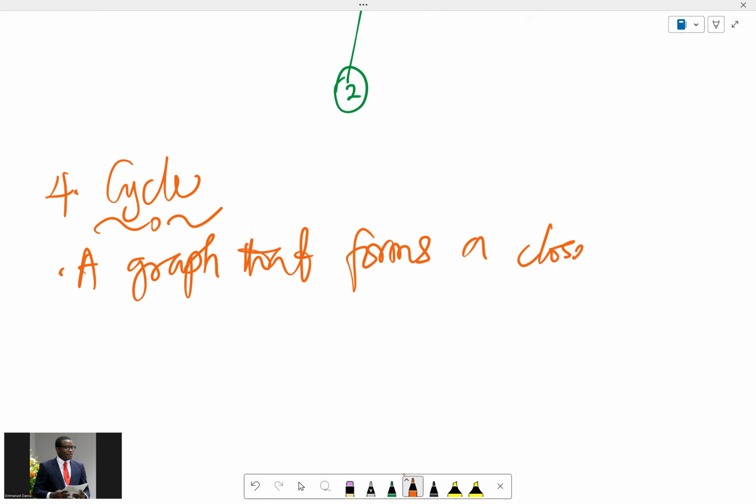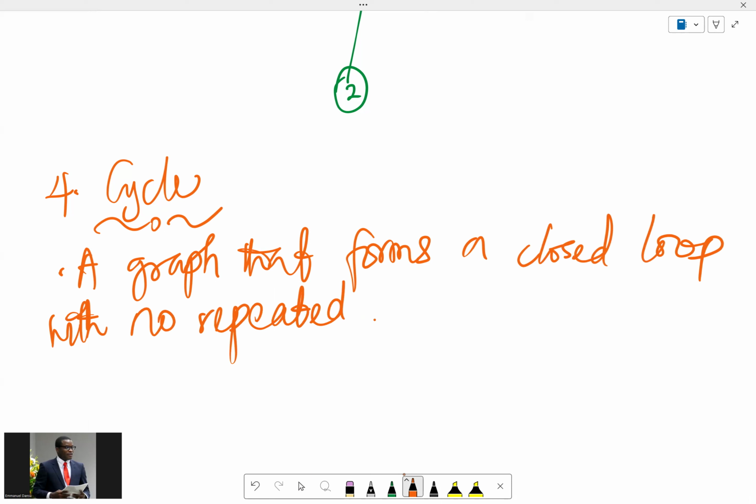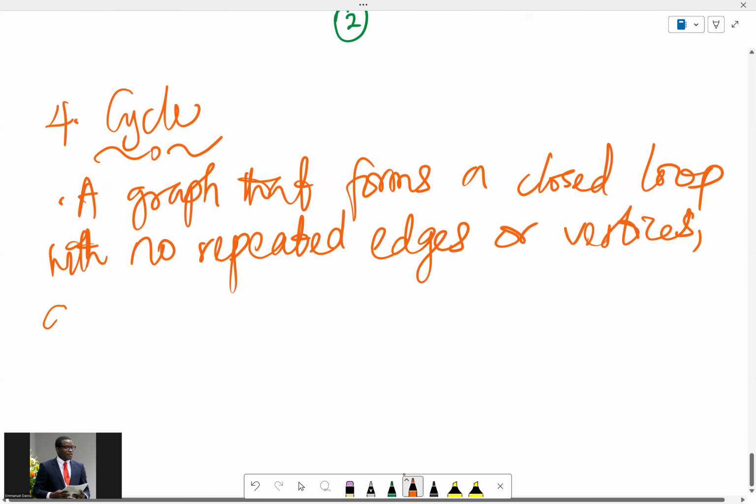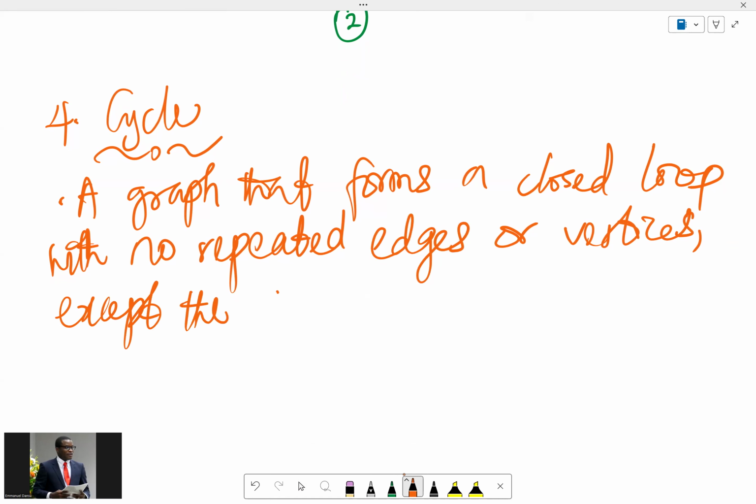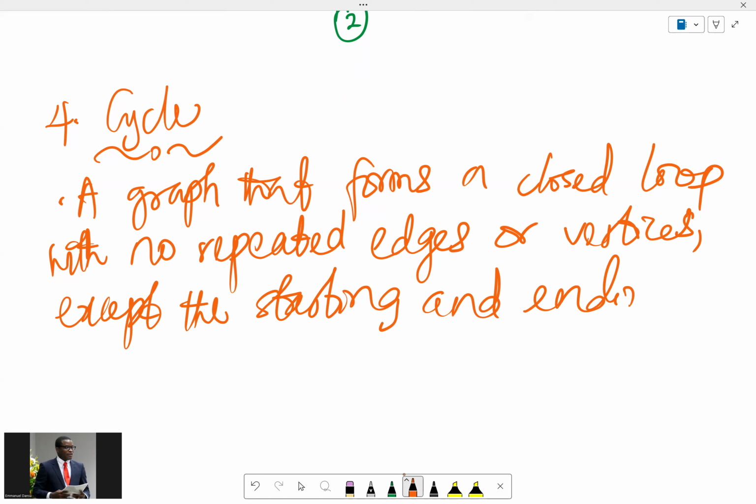It forms a closed loop with no repeated edges or vertices, except the starting and ending vertex. Okay, so it ends with what it starts with. That's basically what this idea is.